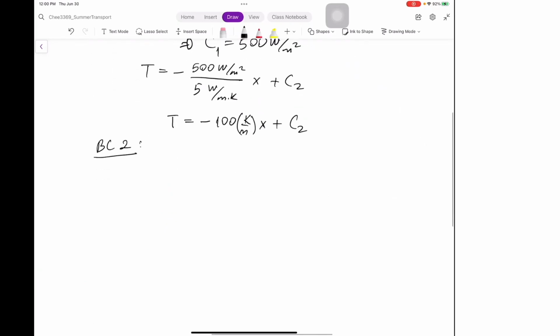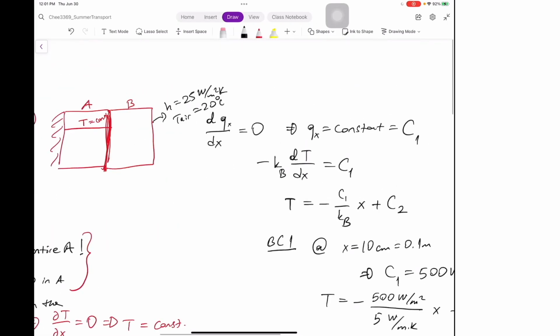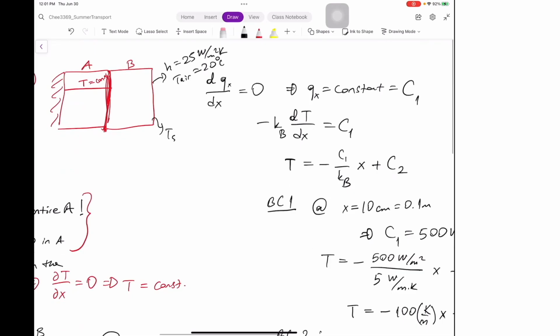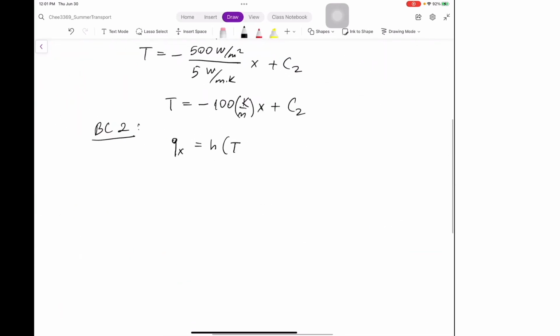We find that the flux Qx is equal to H times T surface minus T infinity, or T air, right?